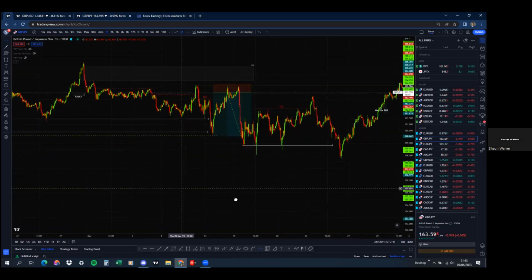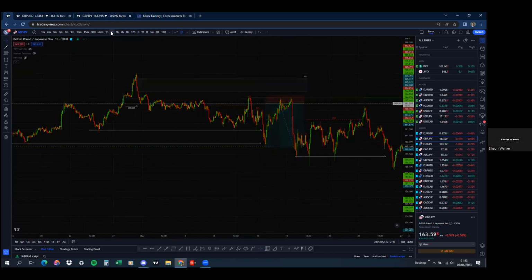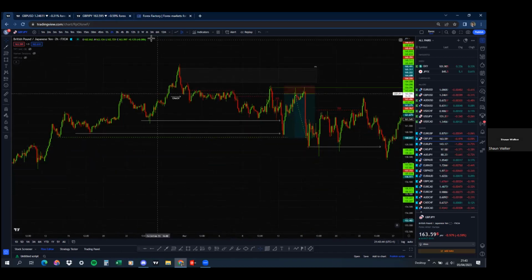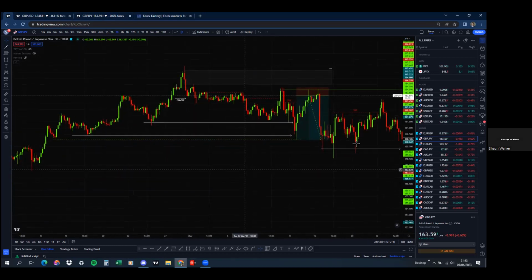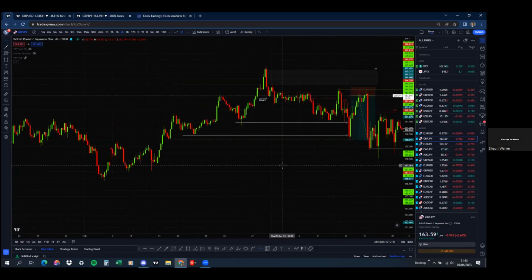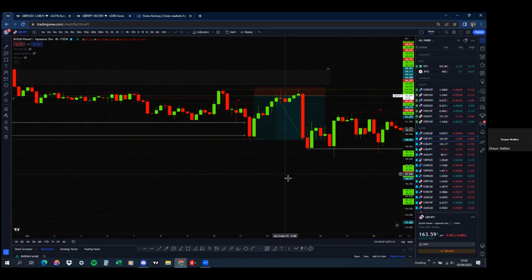So what was the time frame I was looking at? Do you know what? I think it might have been this candle that I was interested in.